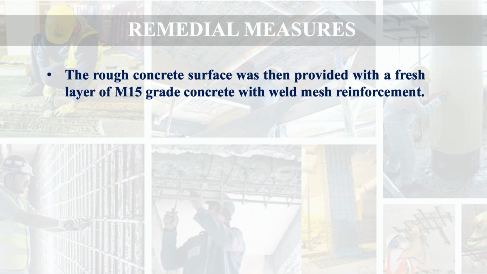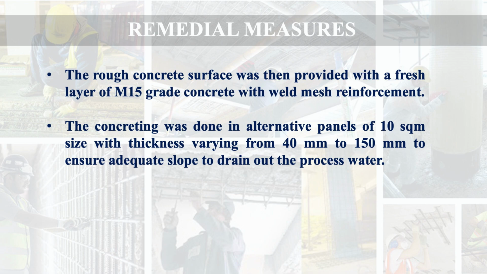The rough concrete surface was then provided with a fresh layer of M15 grade concrete with weld mesh reinforcement. The concreting was done in alternate panels of 10 square meter sizes with thickness varying from 40 mm to 150 mm to ensure adequate slope to drain out the processed water.